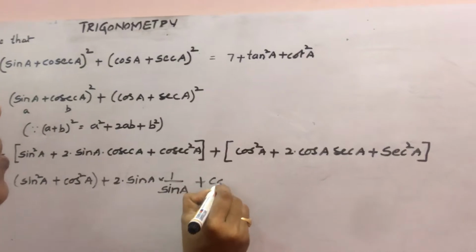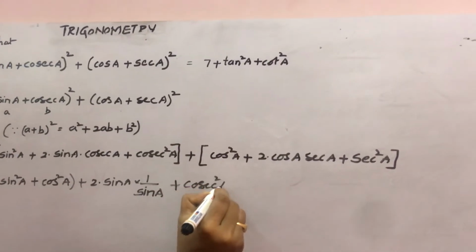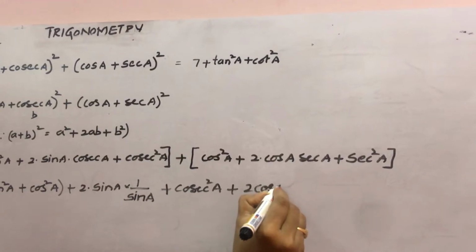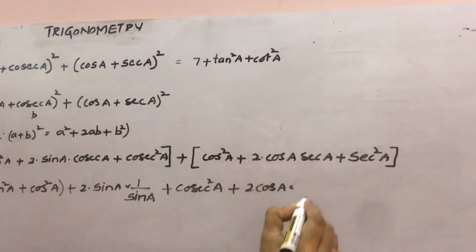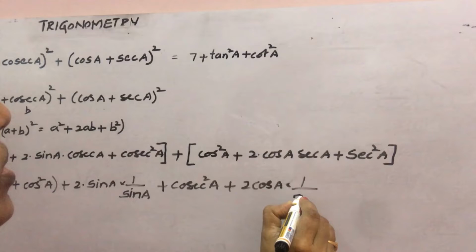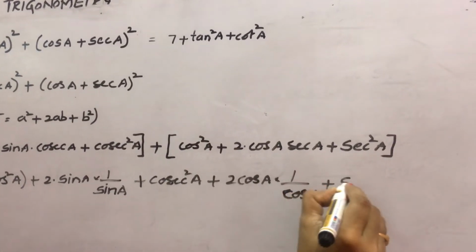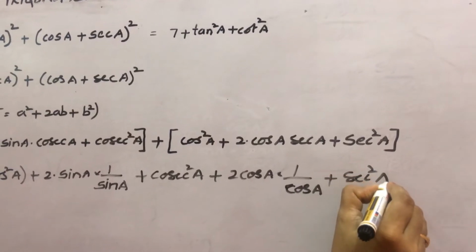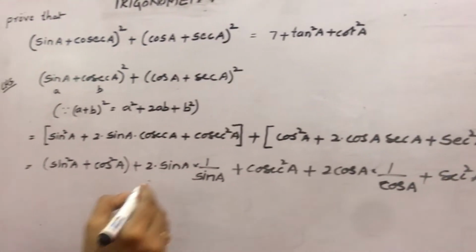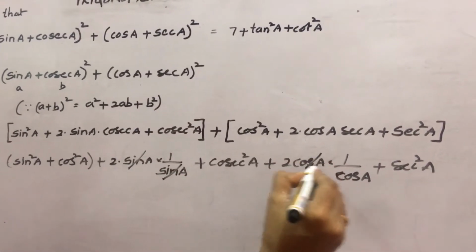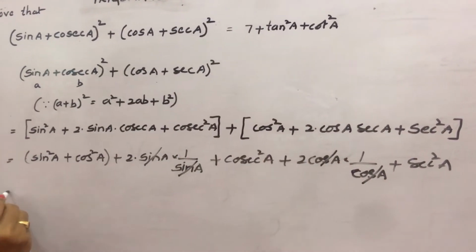Next is cosec square A, I am writing as it is, plus 2 cos A into, again cos A and sec A are the inverse functions. We can write in place of sec A 1 by cos A, again sec square A as it is I am writing here. See here, if we cancel sin A and cos A, we will get here.